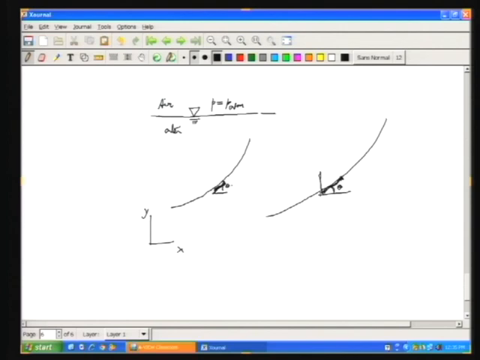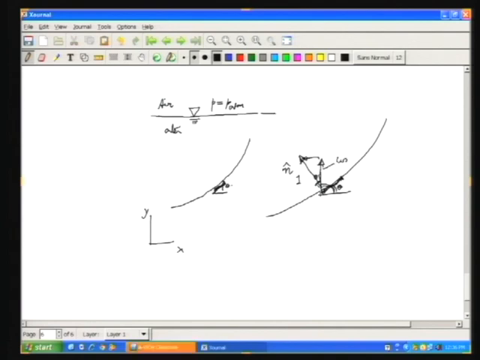Now, the unit normal to the surface is in this direction. If this angle is theta, then this angle here is 90 minus theta, and hence this angle is also theta, and this has unit magnitude. So, this is the unit vector. I can write it as the sum of this vector and this vector. The length of this arrow will be cos theta and this will be sin theta.